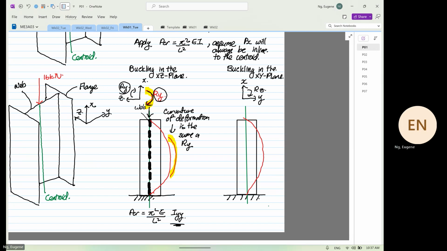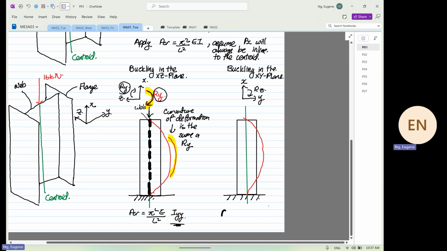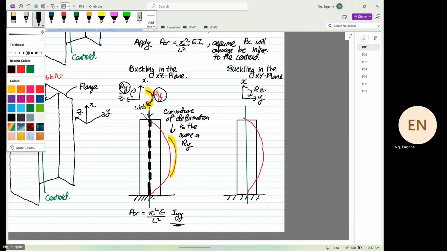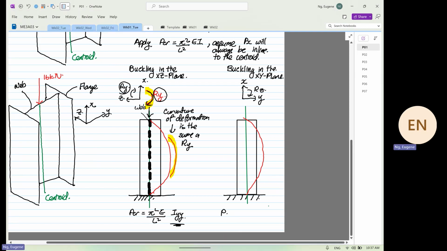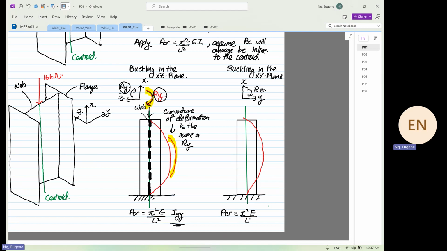When this is the case, what we see now is the critical load. The P critical is equal to pi squared, still the same, Young's modulus still the same, over L squared, still the same.